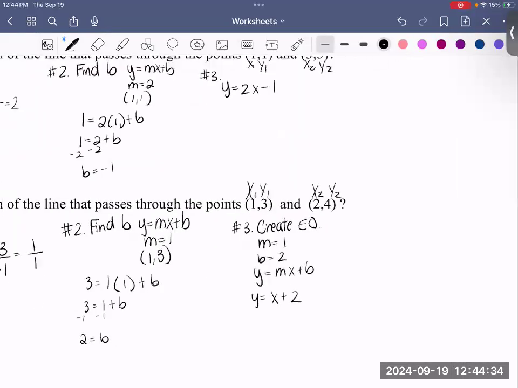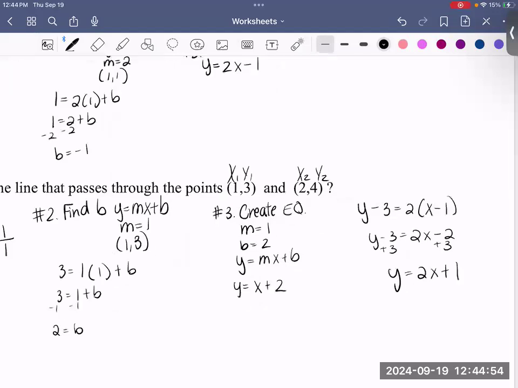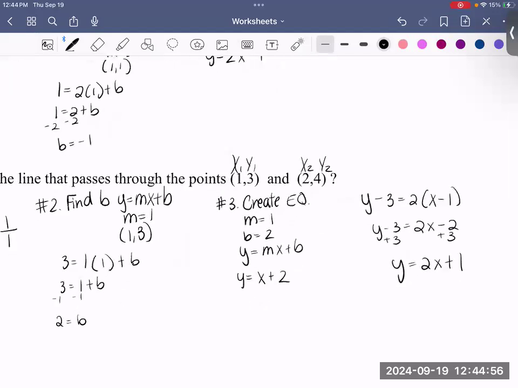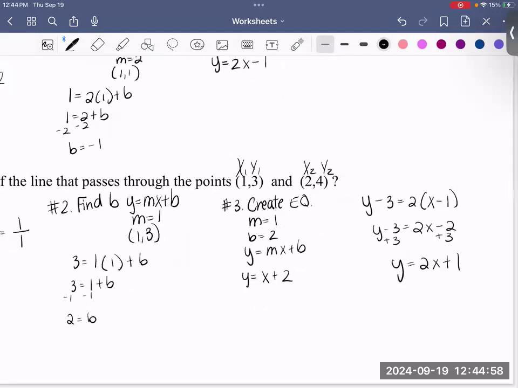If you're enjoying the point slope, we can put that in as well. Oh, hold on, something happened. Oh, back up, back up.